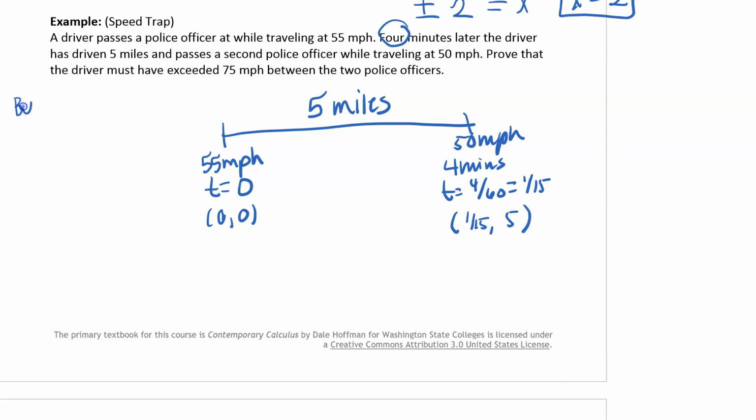And so by the mean value theorem, the instantaneous rate of change is equal to the average rate of change at some point between 0 and 1/15, because it was continuous. He didn't just jump off the road and jump onto another road.